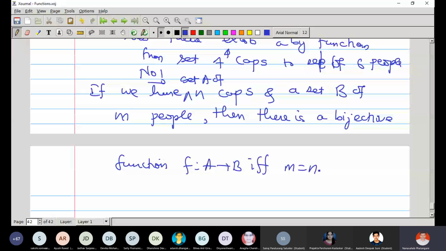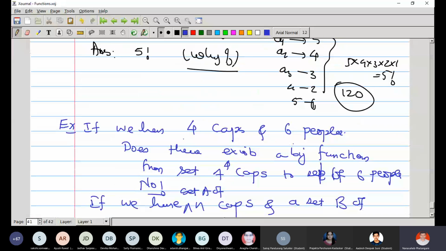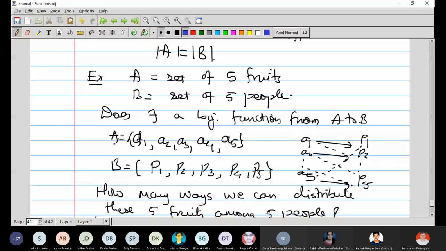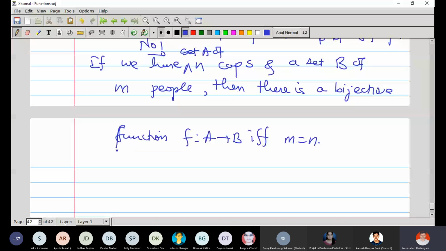So here our sets have finitely many elements. What is my problem? I have some caps and some people, and I want to distribute all the caps, and no person is left. Everybody should get one cap, not more than one cap. So the question is very simple.